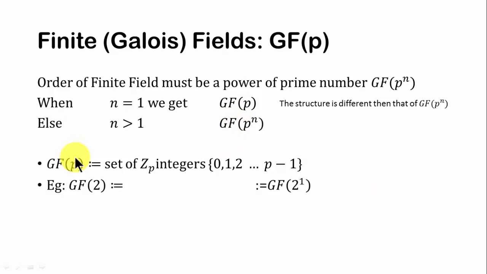So we will start with GF(p), or the Galois field of the prime numbers, and this is equivalent to the Zp integers that we saw in the previous lecture, which has the values from 0 to p minus 1. If we look at the example of GF(2), 2 is a prime number, so the Galois field is equivalent to the field of Zp over the operations of addition and multiplication.